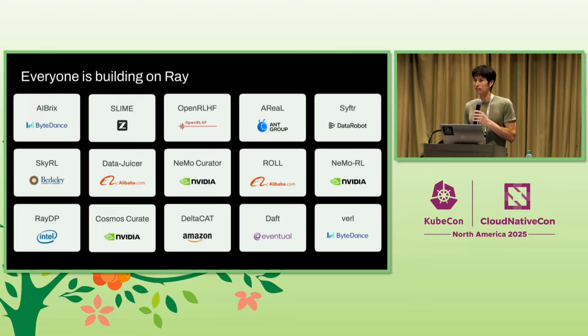Pandas and NumPy and PyTorch and everything. And so similarly with Ray, the thing that excites me is people building powerful libraries on top of Ray, like for reinforcement learning, for data curation, for distributed inference, for agents, and we've seen this from companies like NVIDIA and ByteDance and many others. And so that's something that really excites me about building Ray.